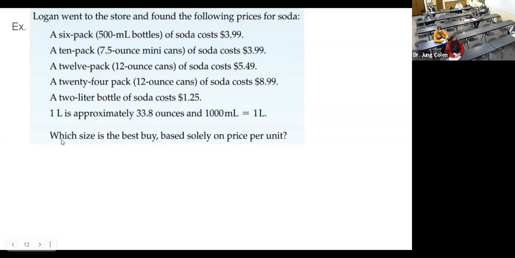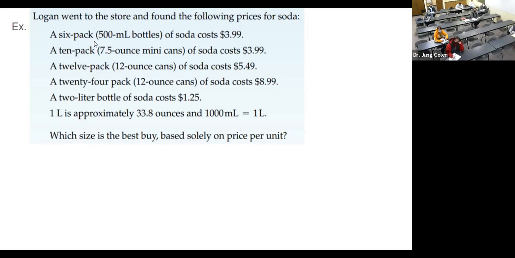Okay, so which size is the best buy? The best buy based solely on price per unit. So what we're doing here is finding price per unit, which is unit price, right? So let's see how much we pay per unit. But let's take a look at the units here.